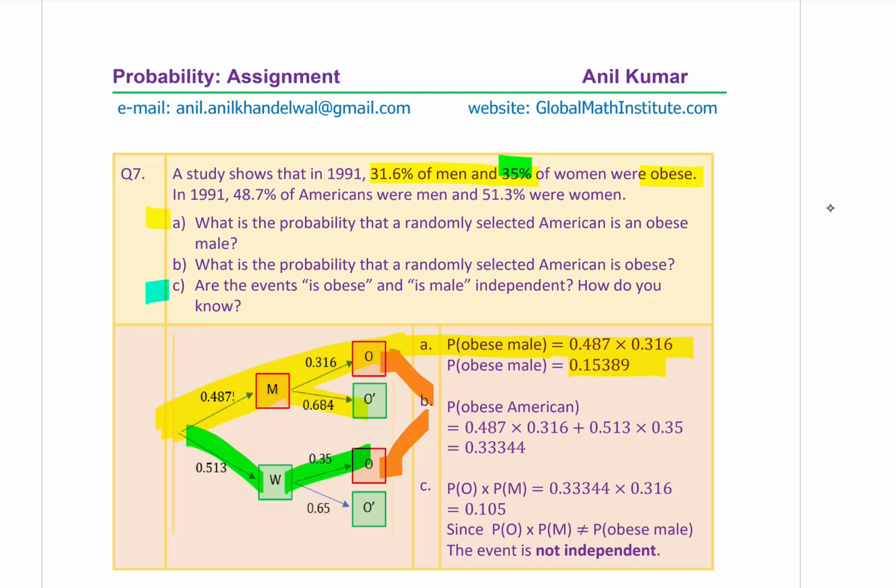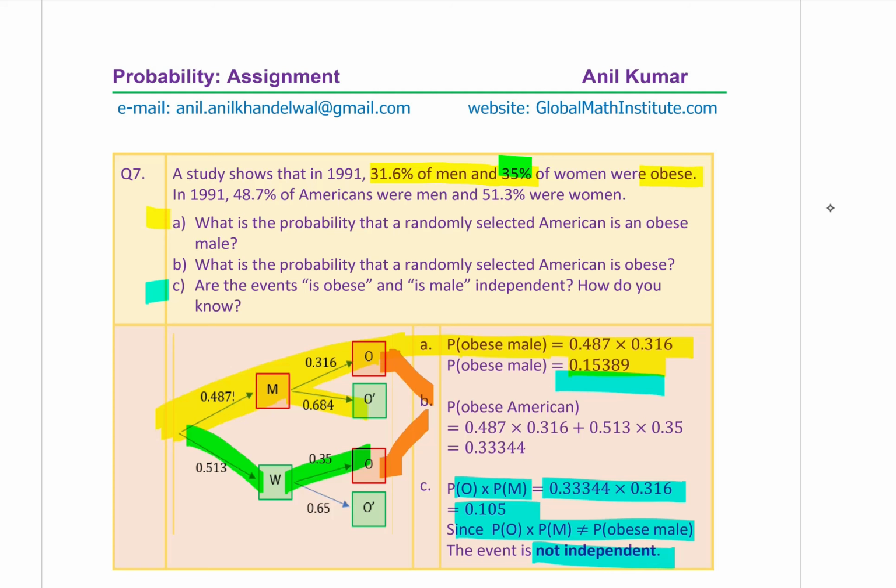So let's just multiply the probability of being obese and the probability of being a male. And that gives you the value as 0.105. And this value, as you can see, does not match the value which we calculated in part A. Since they are different values, we can say that these two are not independent events, they are dependent events. Is that clear to you?